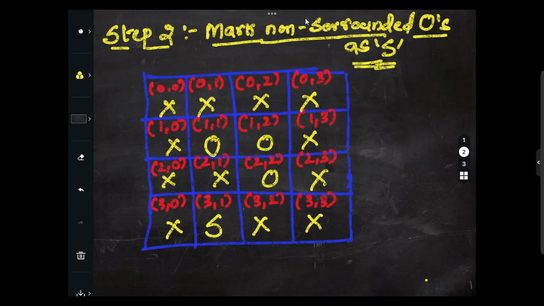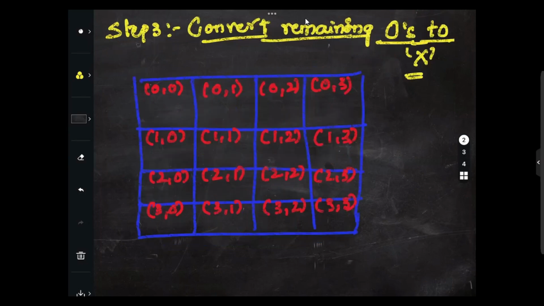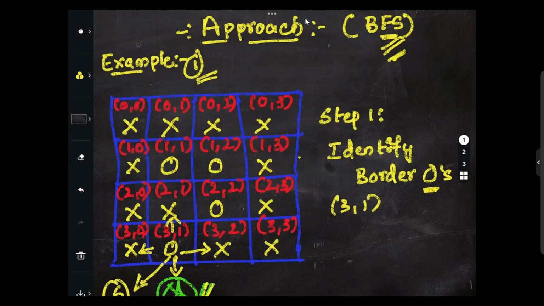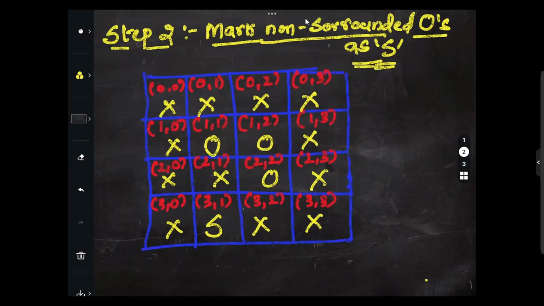Let's move on to step 3. So we are converting the remaining O's to X. In the second step we have zeros, this one is not connected to the border, right? So we'll be making use of the BFS here. When we come here, at 1 comma 1, we have 0.